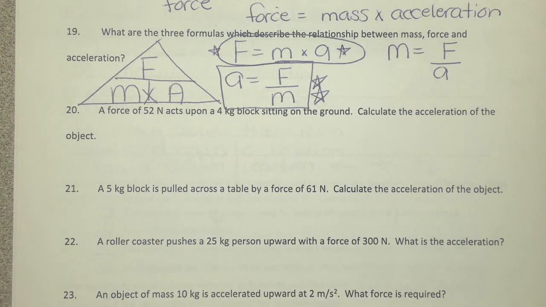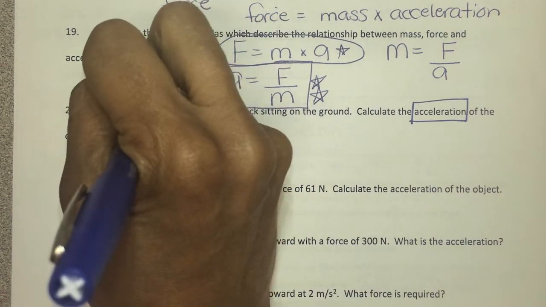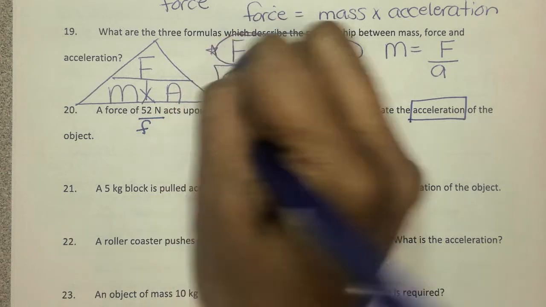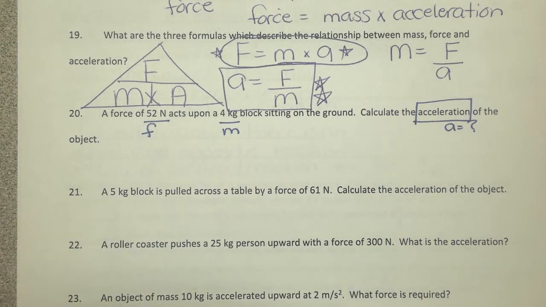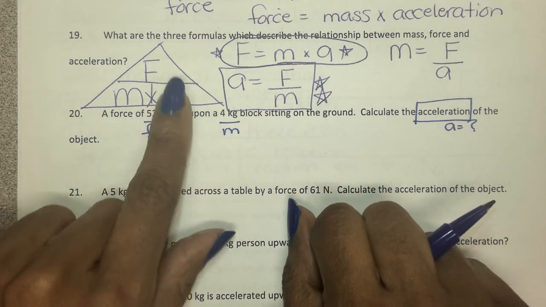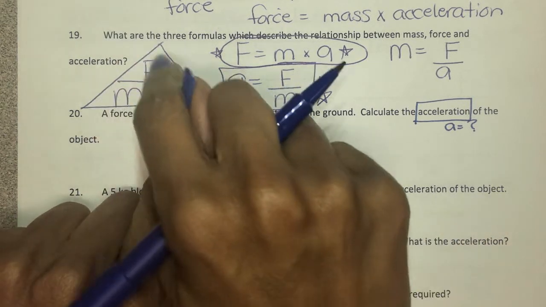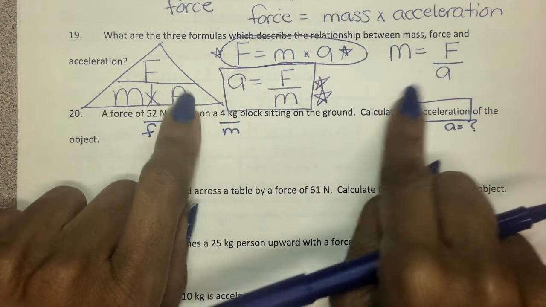Okay. Number 20 says a force of 52 newtons acts upon a 4 kilogram block sitting on the ground. Calculate the acceleration. They give you the force and the mass, and they want to know the acceleration. There's one of two ways you can figure out the correct formula. You can come to the triangle, cover up the A, and acceleration is force divided by mass, or you can write out the formulas.